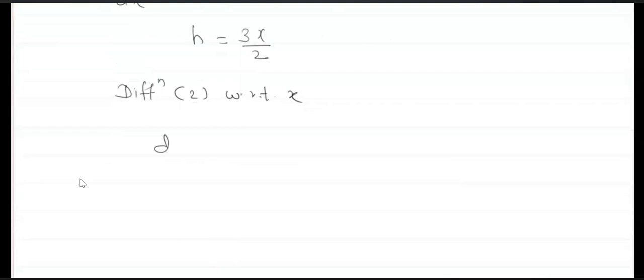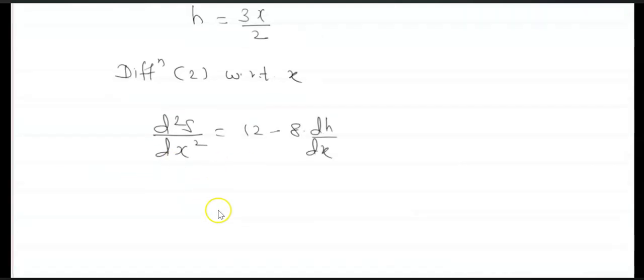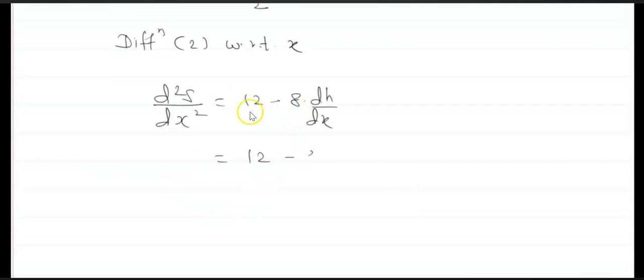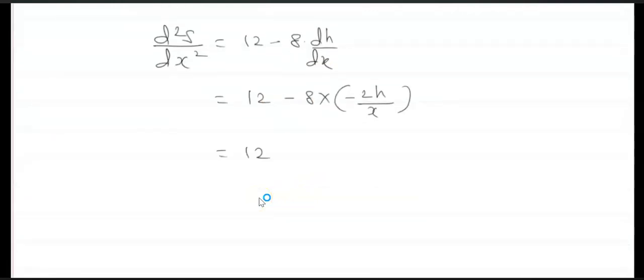Now differentiate that ds upon dx with respect to x. That is d2s upon dx square, that is 12 minus 8 into dh upon dx. If we substitute the value, then you will get minus minus becoming plus.